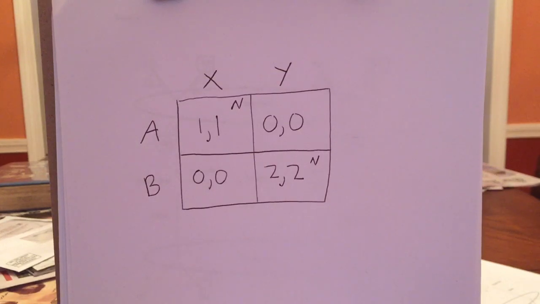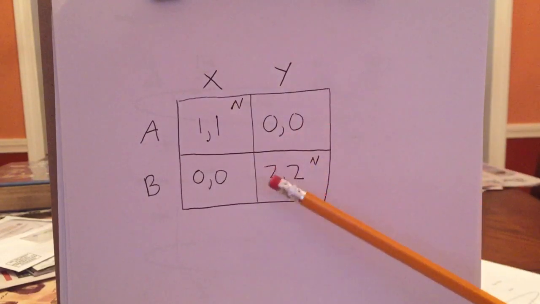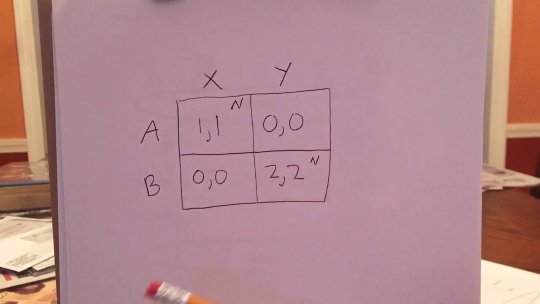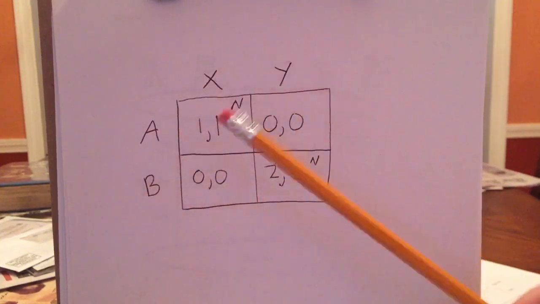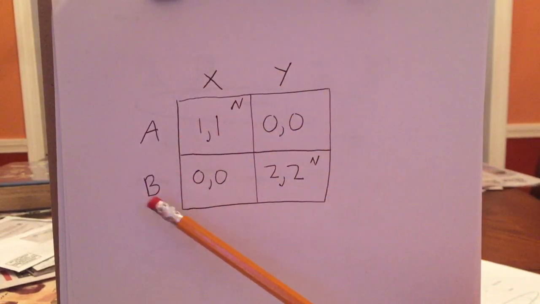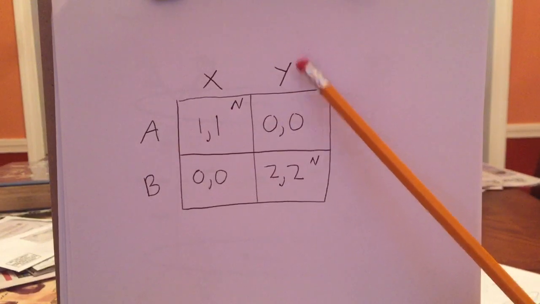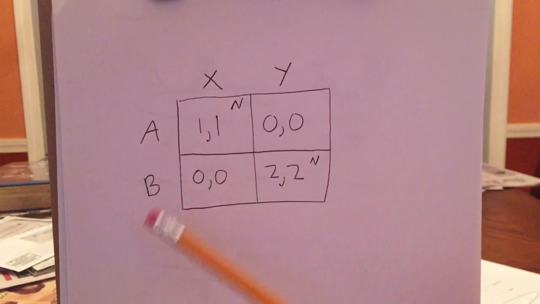And if player 1 is indeed going to play A, that belief is correct. And this is also an equilibrium for the same reason, right? If player 2 thinks player 1 is going with B, and player 2 plans on playing Y, and player 1 thinks player 2 is going with Y, and player 1 is going to play B, then both people have accurate beliefs, and given their beliefs, they are playing optimally.